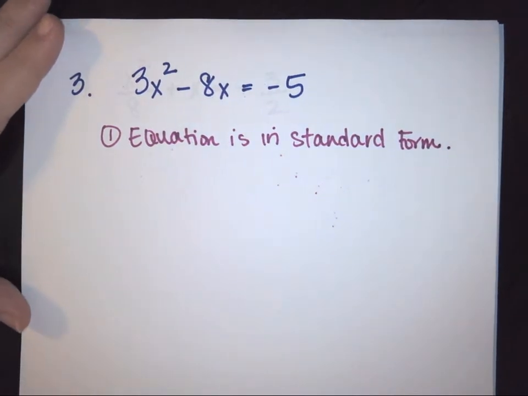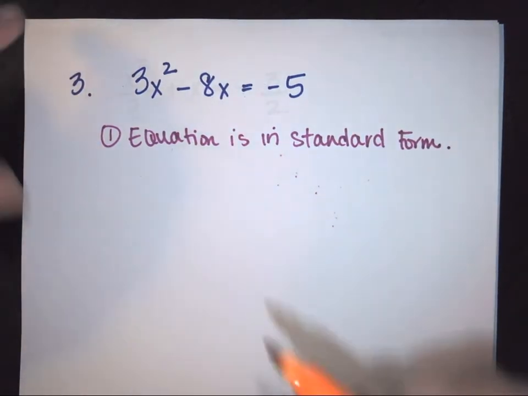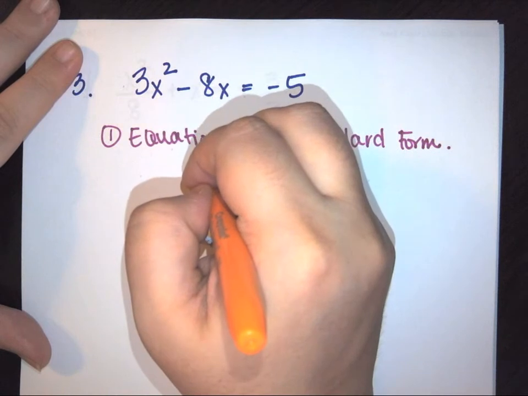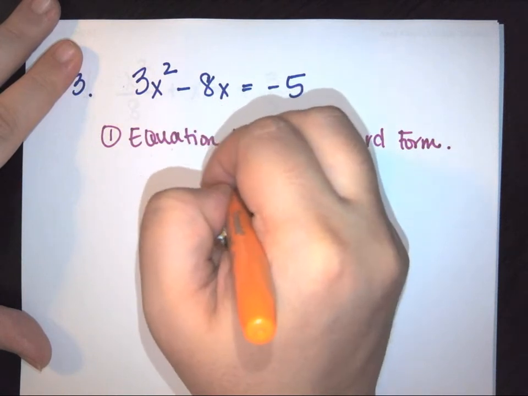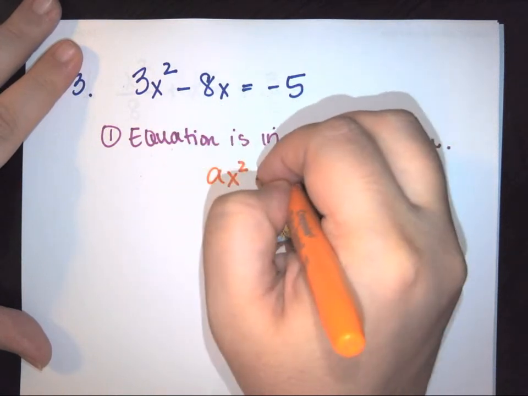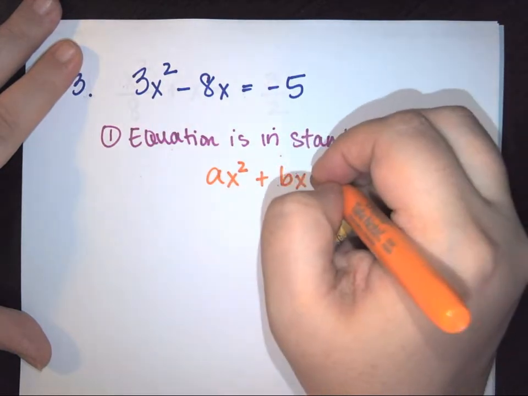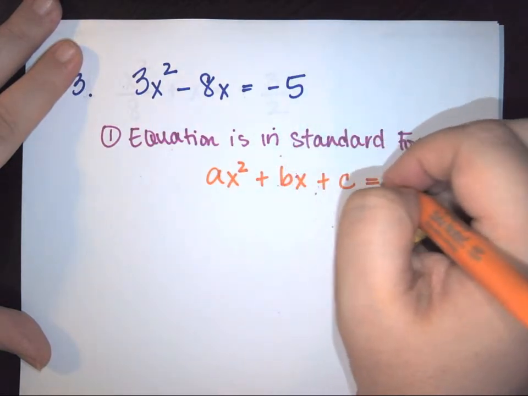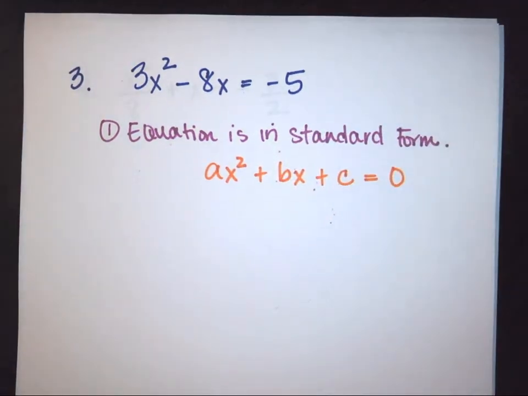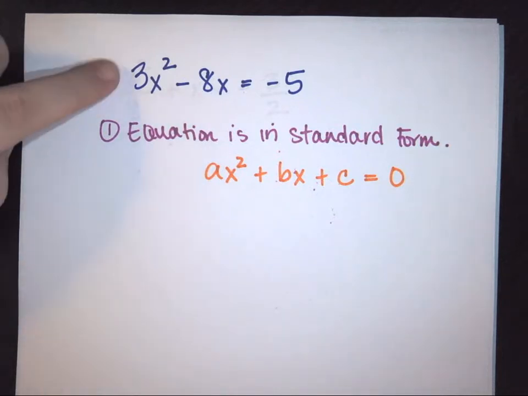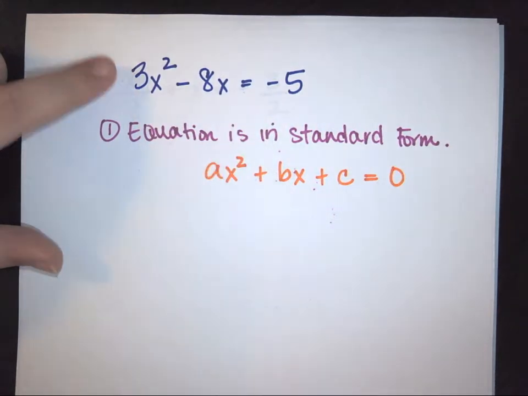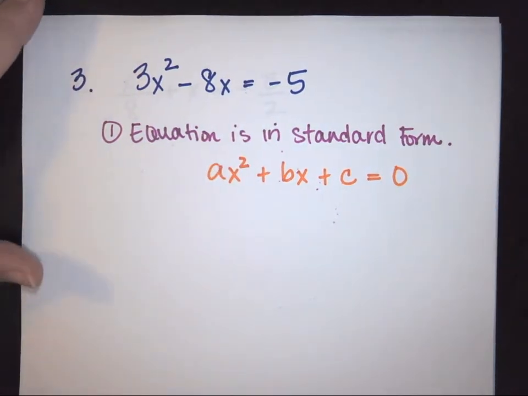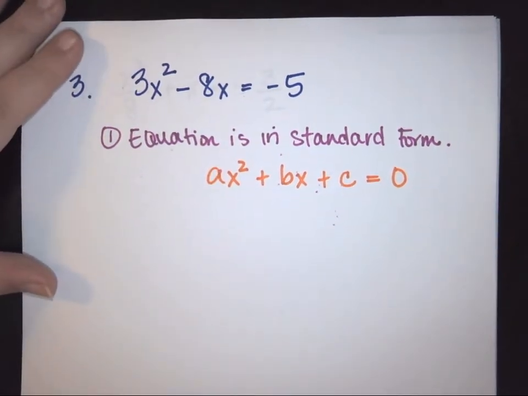Now, standard form essentially means that your equation is of the form ax squared plus bx plus c equals 0. Now in this case, my equation here is not. I have this minus 5 part. So what I actually have to do is I need to move that 5 to the other side of my equation.